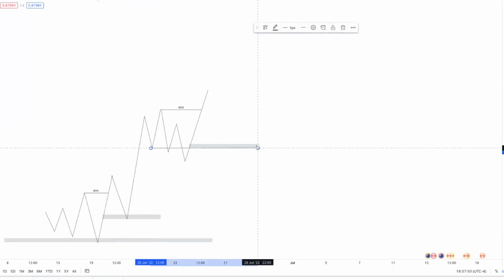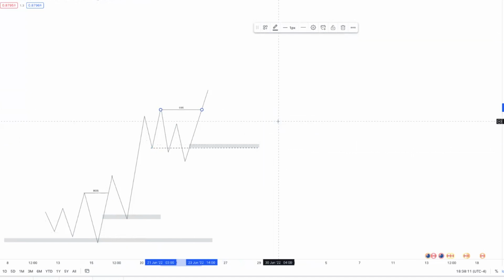So this one is not going to be rejecting a previous point of interest, right? Because you kind of have to be turning around for that to happen. And this would actually be a continuation of structure. I don't really like the word breaker structure unless you're turning around and actually breaking structure. And by breaking, I mean changing structure.